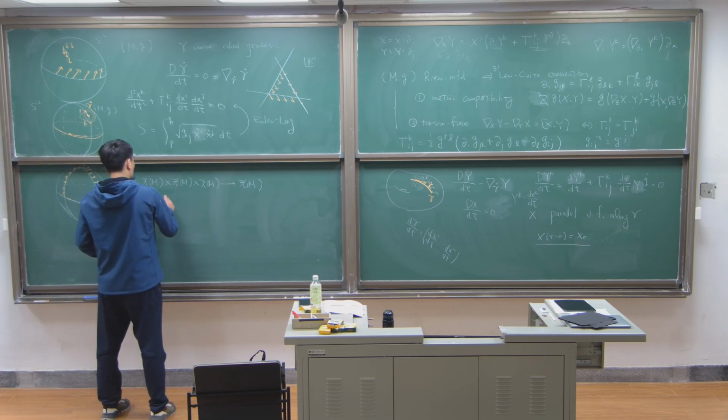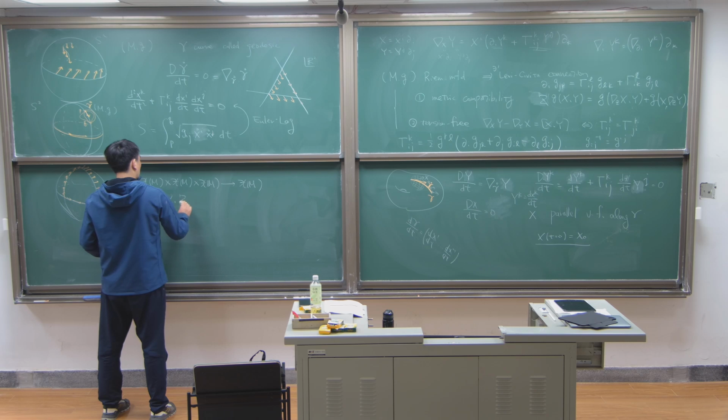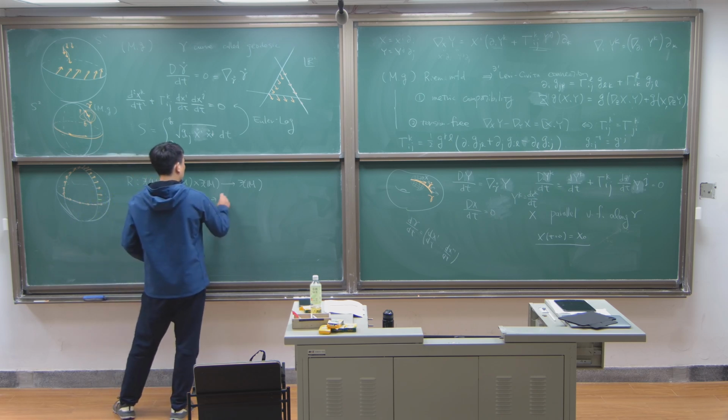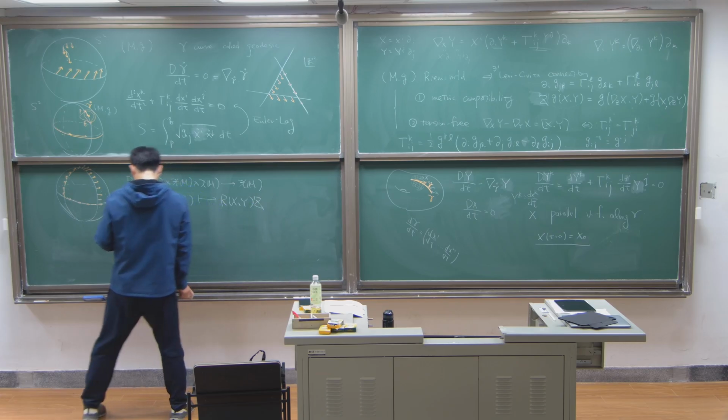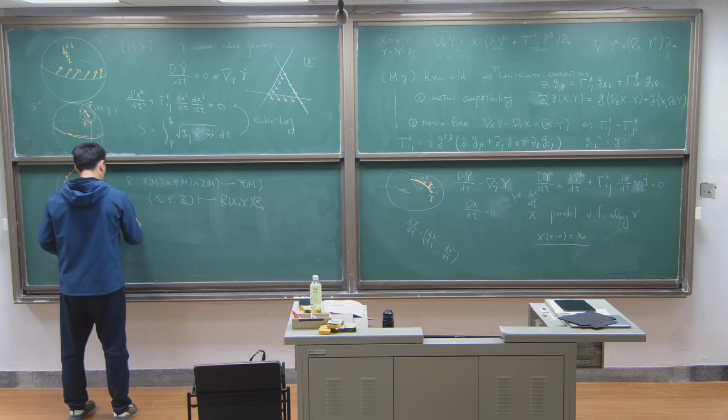So this x, y, and z: the vector field is mapped to another vector field, in this way, which is defined as follows.